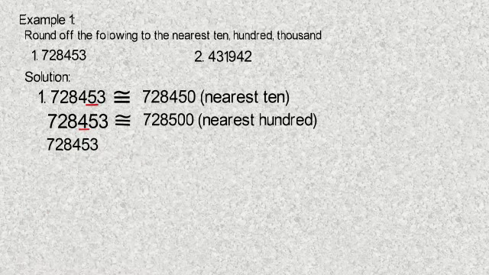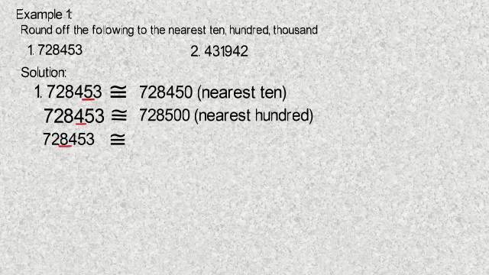So let's move to the next solution. We are asked to round off that number to the nearest 1000 too. So starting from the right hand side again, my 3 is in the units place value, 5 is in the tens place value, 4 is in the 100 place value, 8 will now be in the 1000 place value.